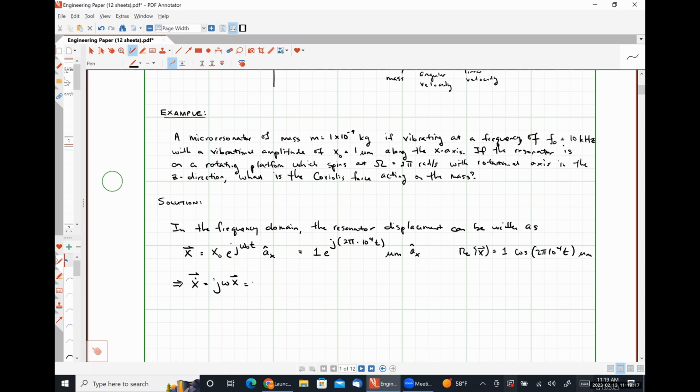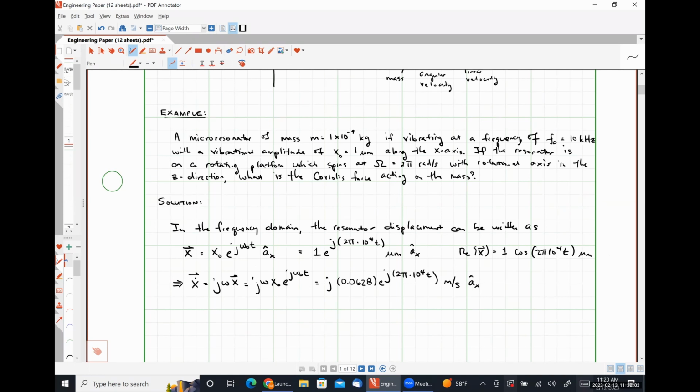And so we're going to have j omega x naught e to the j omega naught t, which is going to look like j times 0.0628 e to the j 2 pi times 10 to the 4 t meters per second.